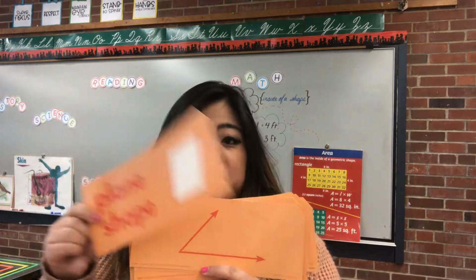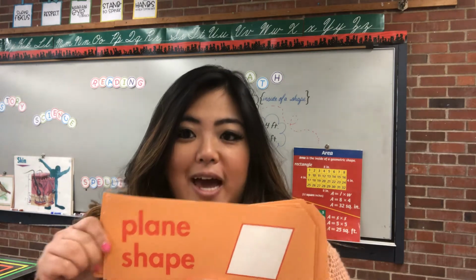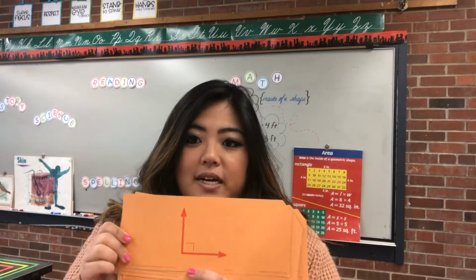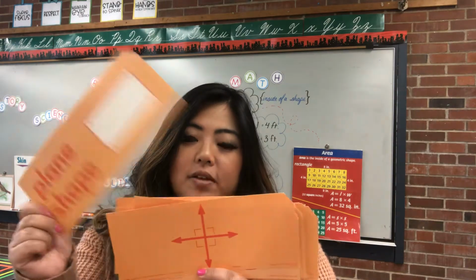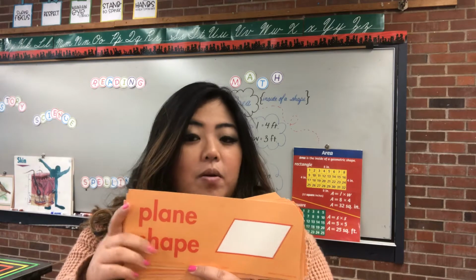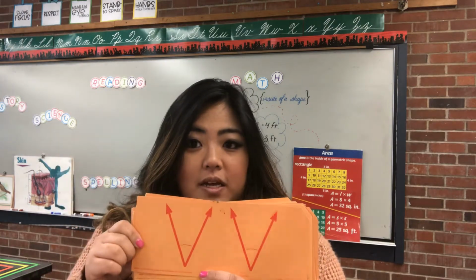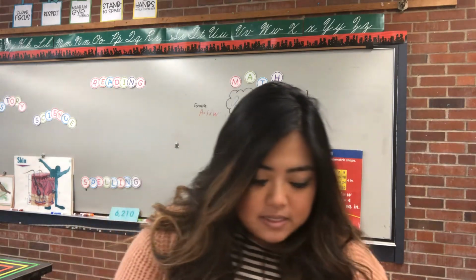An angle. A rhombus. This is a square on its side, a rhombus. Right angle, triangle, circle, perpendicular lines, rectangle, parallelogram, congruent lines, and a line segment.